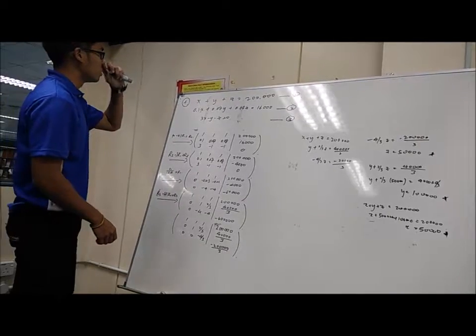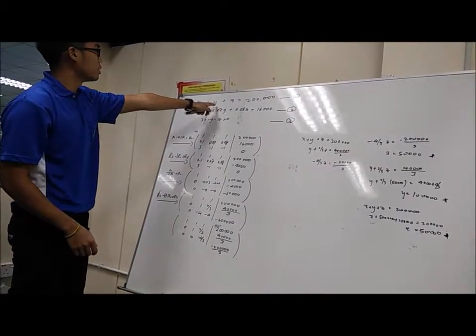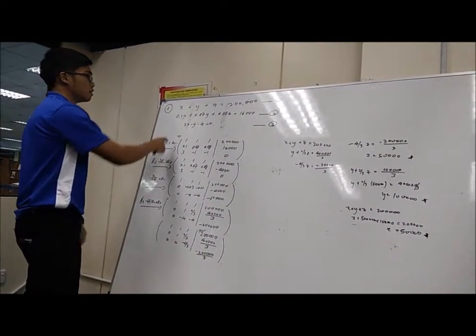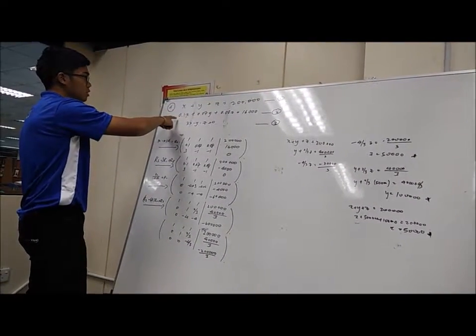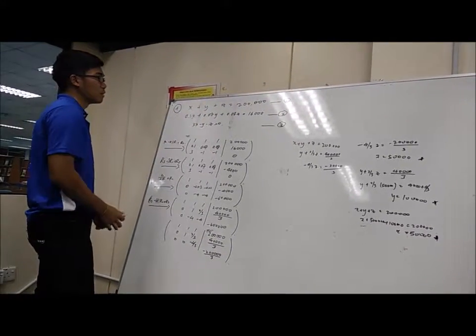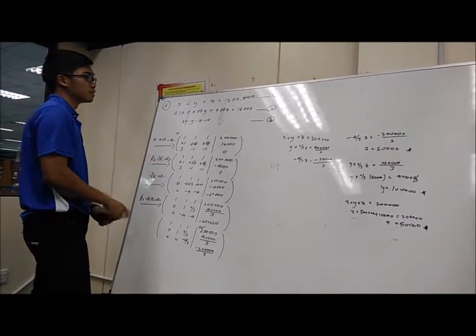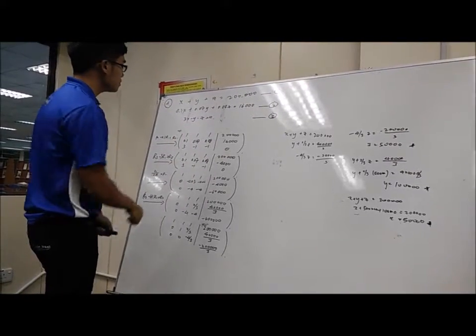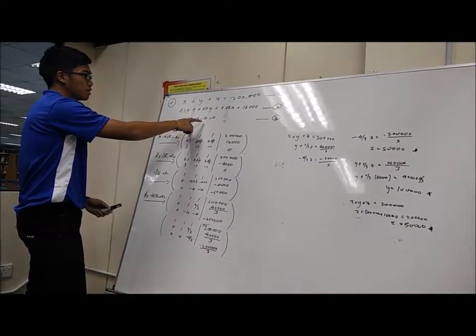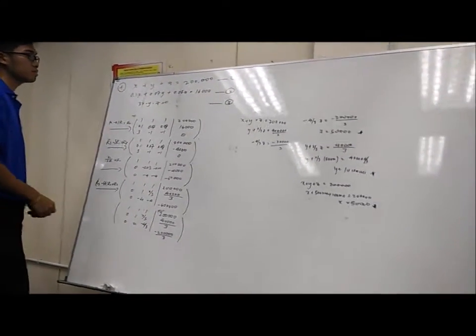The first equation is x plus y plus z is 200,000, and equation 2 is 0.1x plus 0.07y plus 0.0z is 16,000. Then the third one is 3x minus y minus z is equal to 0.